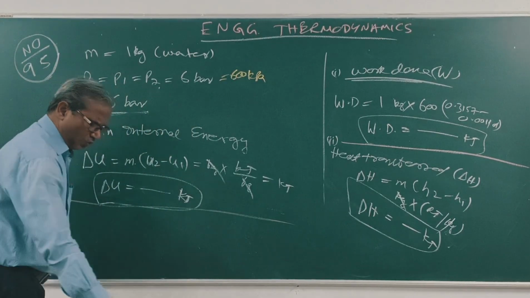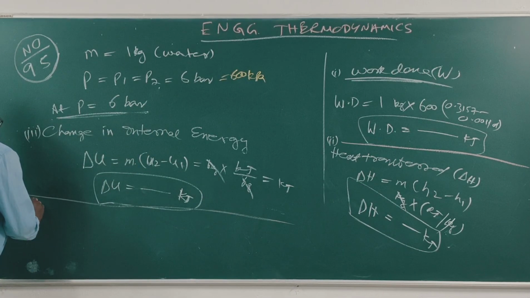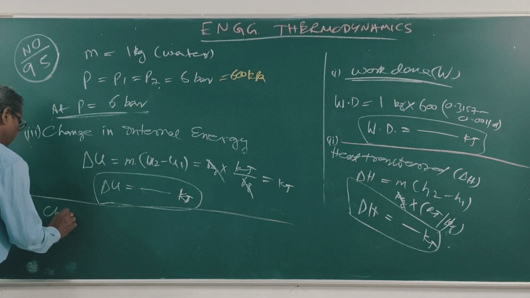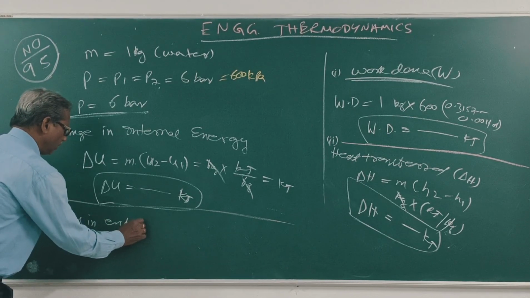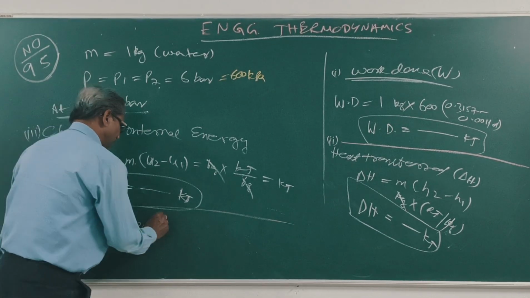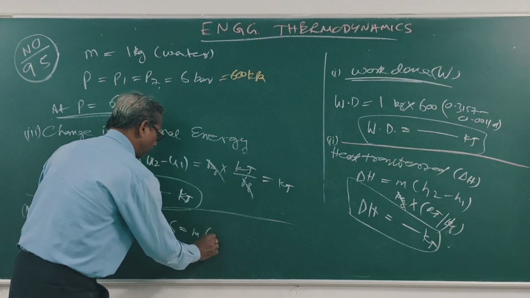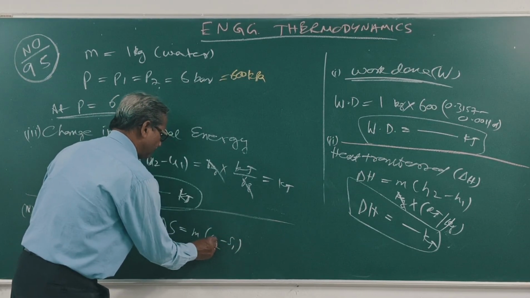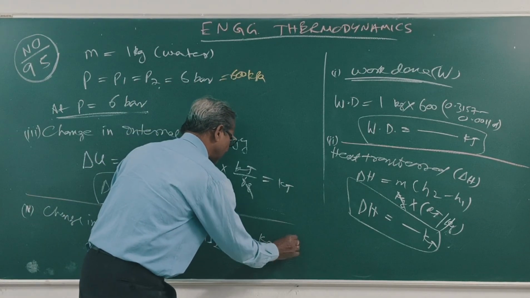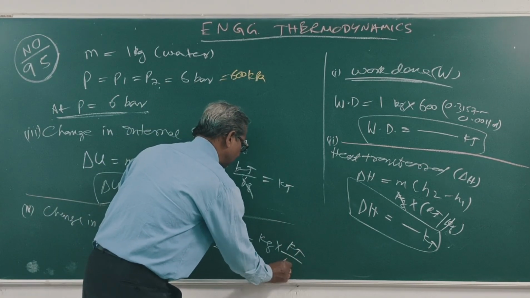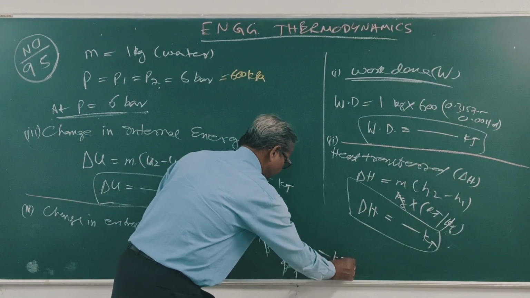Number 4, change in entropy. Delta S is equal to m into (s2 minus s1). Clear? This is kg and this is kilojoule per kg Kelvin. Kg cancels out, and the answer is in kilojoule per Kelvin.